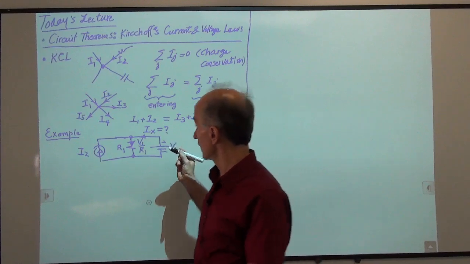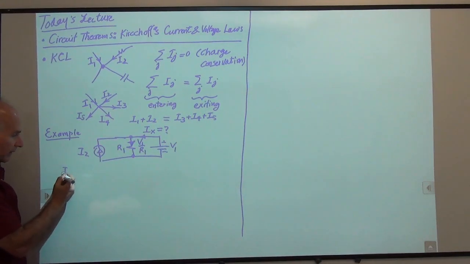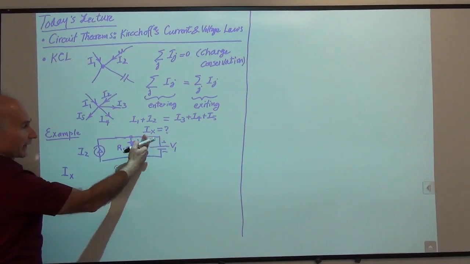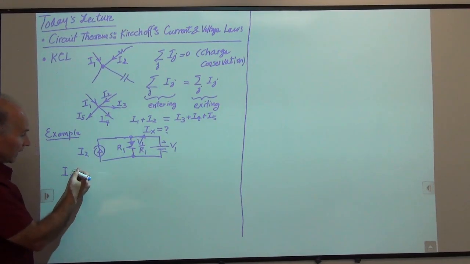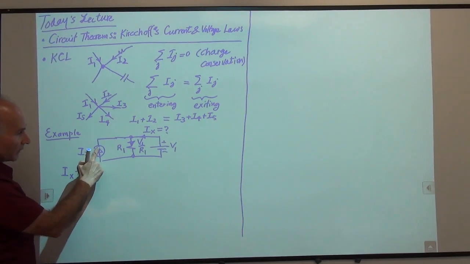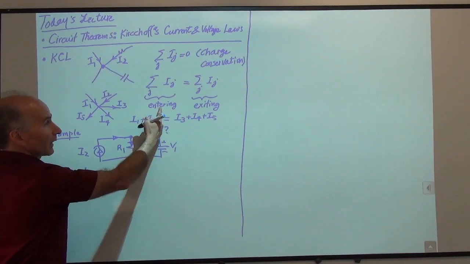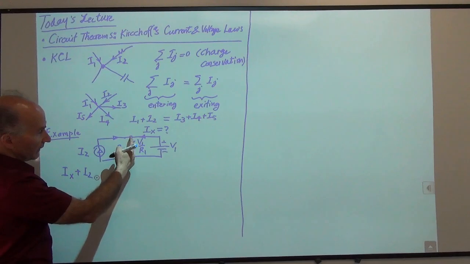Okay. So now, as far as this node is concerned, I have this quantity, I'm looking for that quantity. So what I can write is, for example, IX is entering the node plus I2. I2 is also entering the node because it's oriented this way, right? I2 is going this way. These two have to add up to whatever is exiting, and this current is leaving the node.